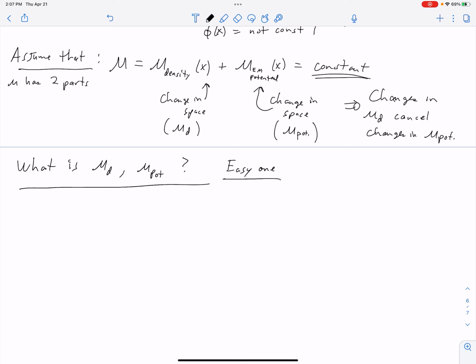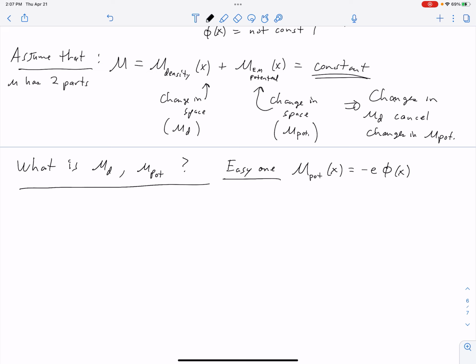is the component of the chemical potential due to the electromagnetic potential. That one's easy because this one is just equal to minus E phi of x.